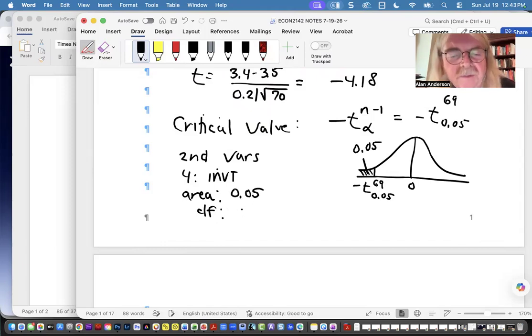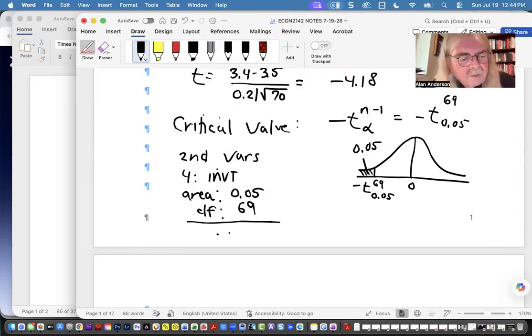And of course, the degrees of freedom is 69. That's n minus 1. All right, so you should get negative 1.671. That is, of course, our critical value.